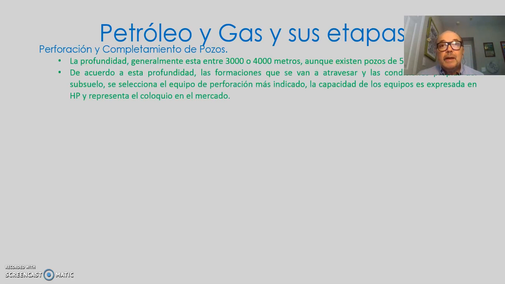And normally, according to the depth of the well, when we're going to drill the well, we select the equipment, the rig. The rig is selected according to that depth, because it's the power we need to drill the well. And it's referred to in HP, horsepower. So a 4,000 meter well might need a 2,000 HP rig.